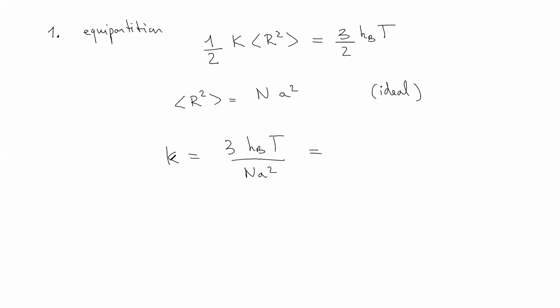It was the stiffness of the entropic spring associated with an ideal polymer chain. So this is the first tutorial. It can always be rewritten as kBT over a squared, which is the simple stiffness you can construct if you take entropy and a monomer size.